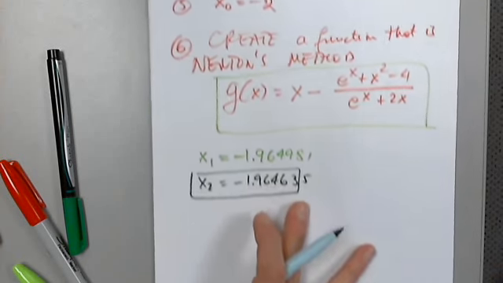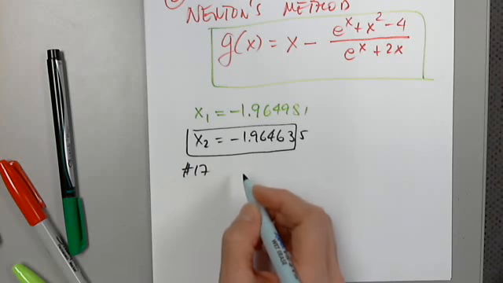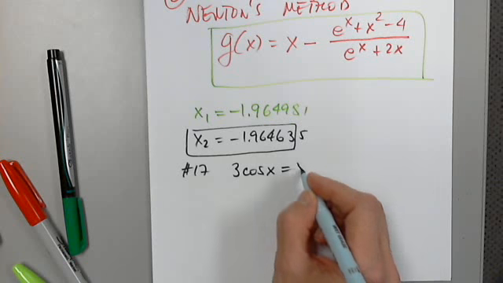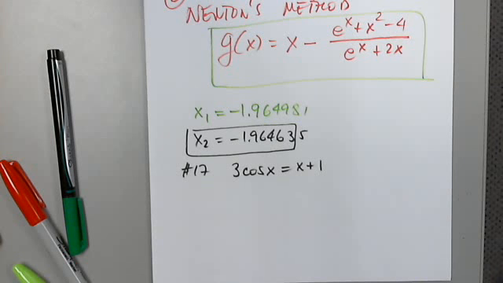What about 17, which is 3 cosine x equals x plus 1. Again, no one can solve this equation algebraically. Make sure that your calculators are in radians, please.